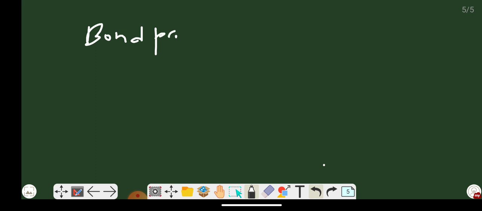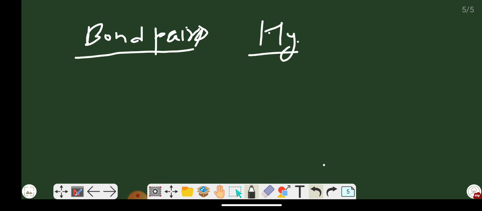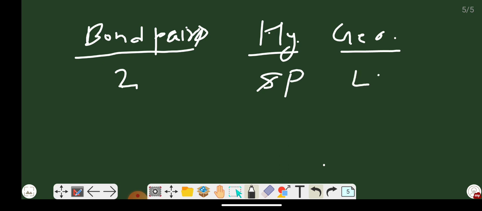So I will make a chart with bond pairs, hybridization, and the geometry of the molecule. If a molecule has only two bond pairs, then the hybridization, as we know, is sp, and the geometry of the molecule is linear.